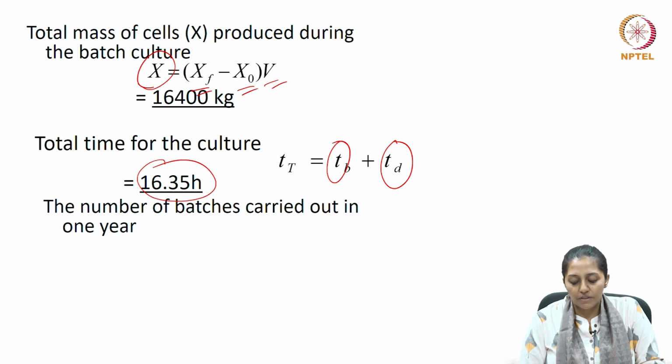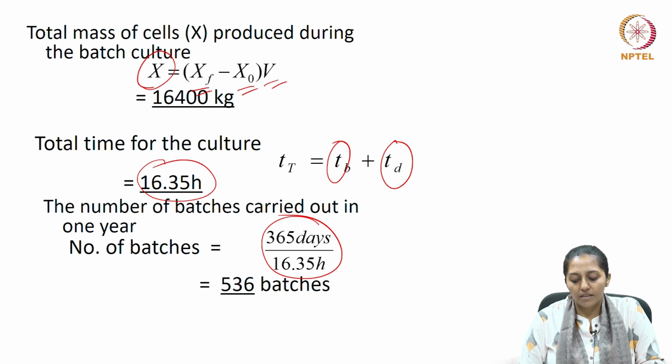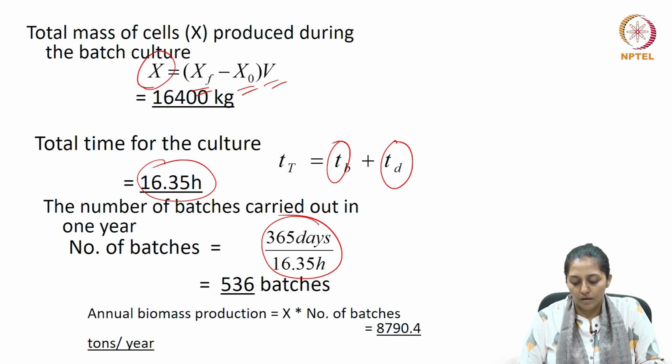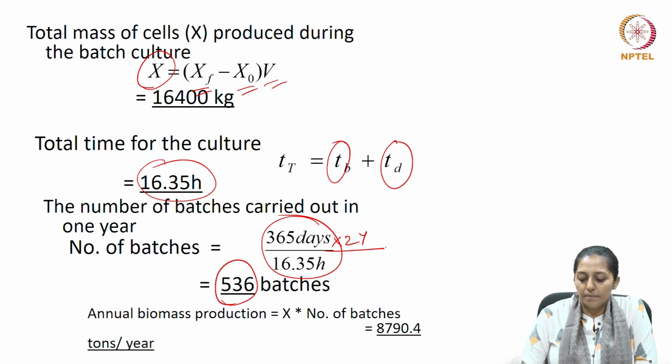So, the number of batches which can be carried out in 1 year will be 365 into 24 divided by the total time, because your batch time is in hours. It turns out that the number of batches which can be run annually will be 536.